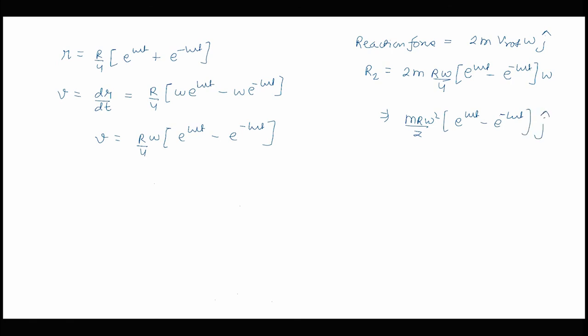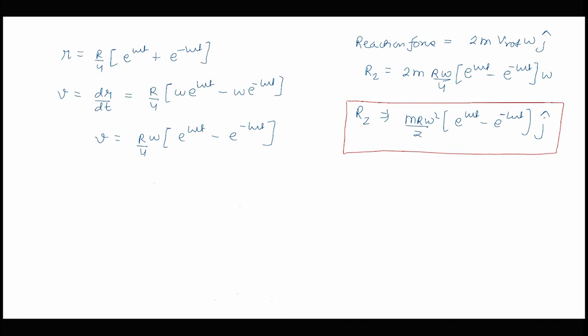So we have identified two reaction forces, one because of the weight, which is acting in the plus k cap direction, and the other one because of the second term of force, which is identified as m r omega square by 2 into e to the power omega t minus e to the power minus omega t.